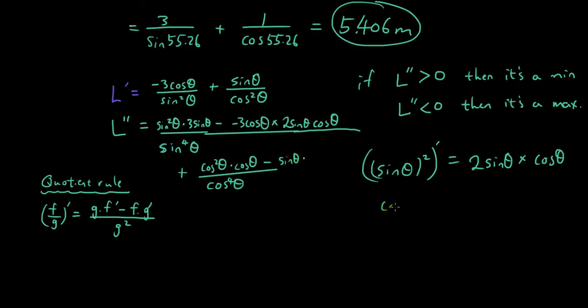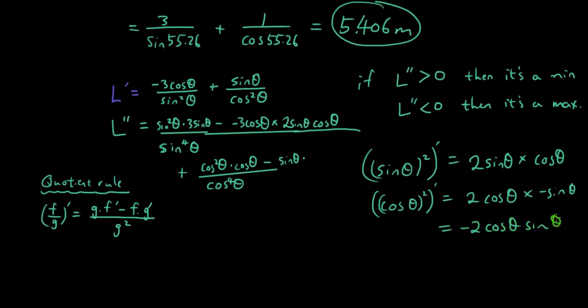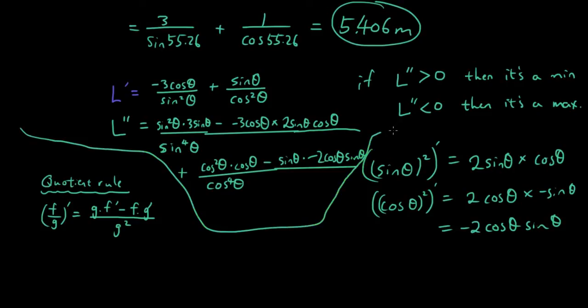Cos squared theta differentiates into 2 times cos theta times negative sine theta, so that's -2 cos theta sine theta. Okay, very long equation.